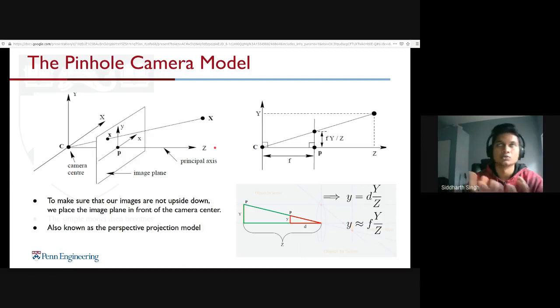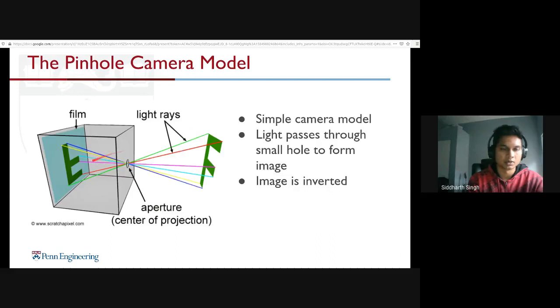A lens also works the same way as a pinhole camera model would. So essentially, we'll have a camera center. We will have the image plane where we will see the object, and we will have the object itself. In the previous slide, we mentioned that the image is inverted. We don't want the image to be inverted.